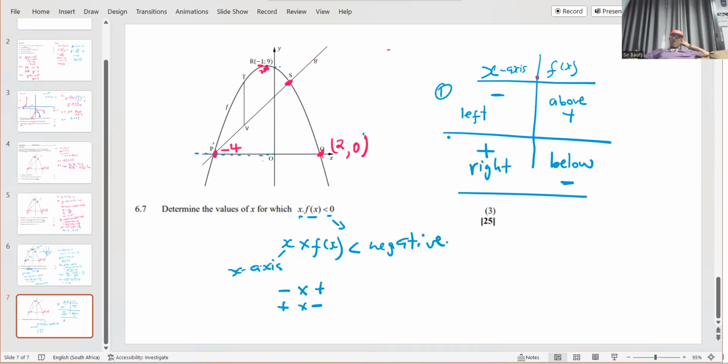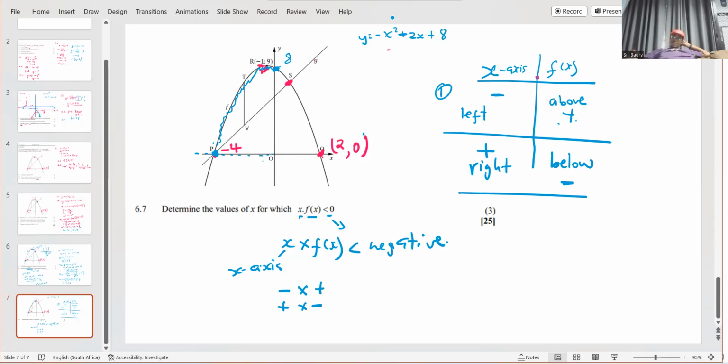The critical point here is negative 4. So after negative 4, f is above, just before negative 4, because here's f here, it's above till this point here. This point here, we've calculated it. We know that this is 8, because it's from y equals negative x squared minus 2x plus 8, the equation of the graph.